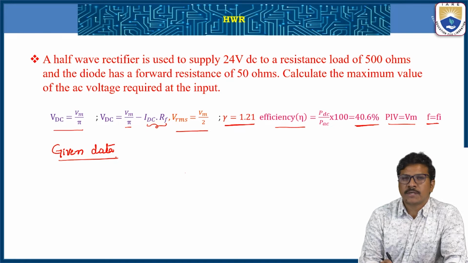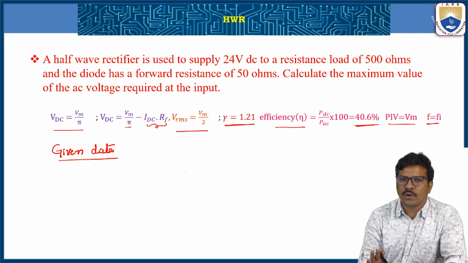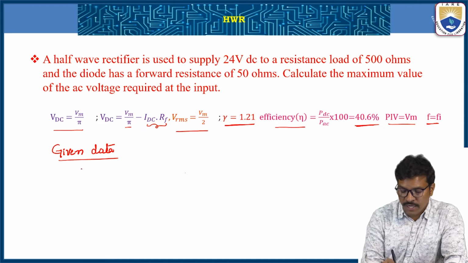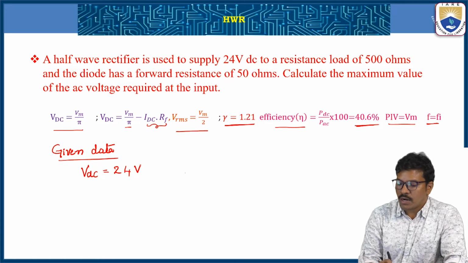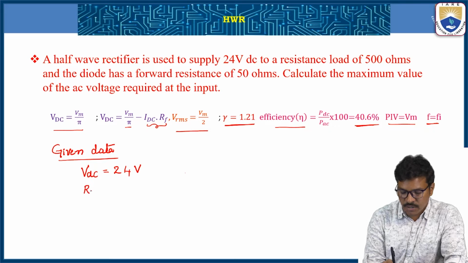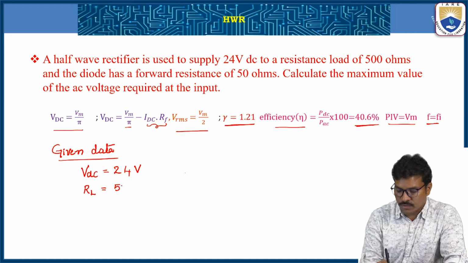A half-wave rectifier is used to supply 24 volts DC to the resistance load. So VDC is equal to 24 volts across the load. The load resistor RL is equal to 500 ohms.